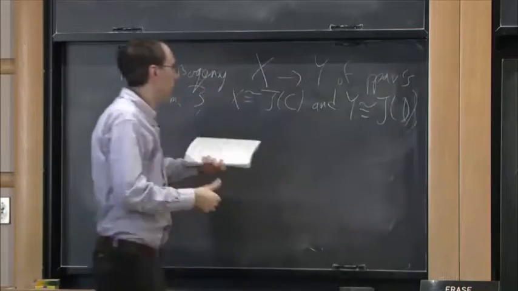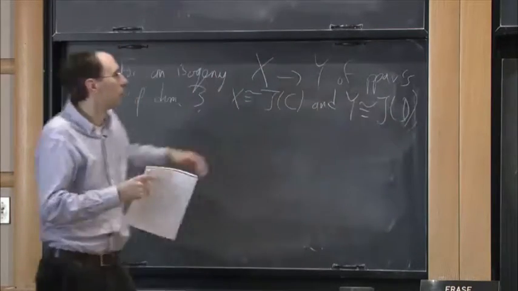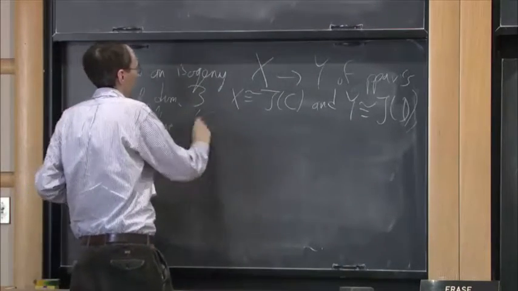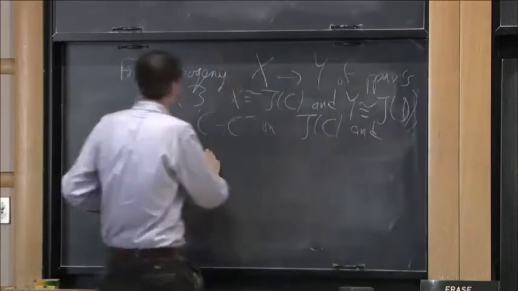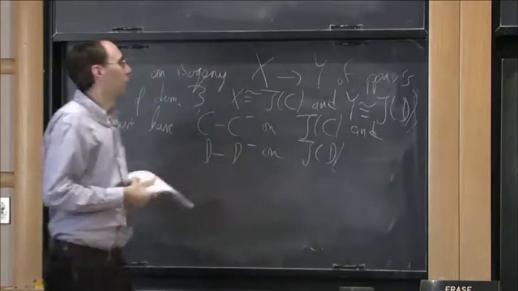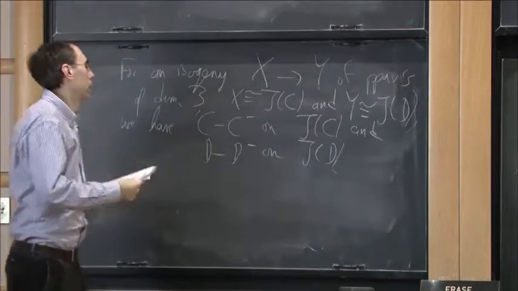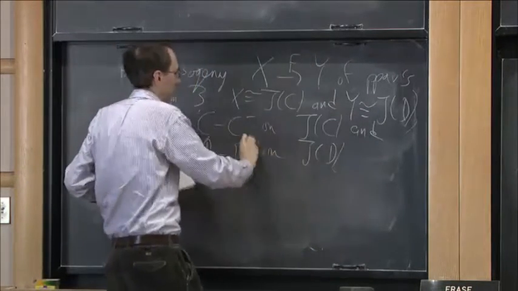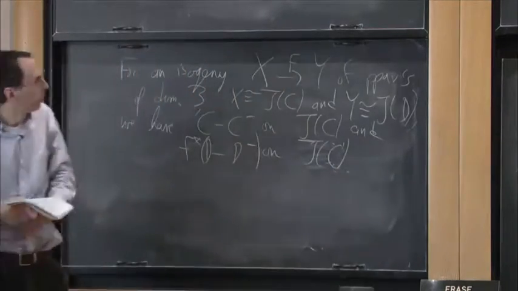And so you have two different Ceresa cycles. There's no very obvious relation between these two curves, but nonetheless we have the Ceresa cycle on the Jacobian of C, and the Ceresa cycle on the other Jacobian. And if you just want to work with one abelian variety, you can pull back the Ceresa cycle here to get a cycle here. So f^* of this is also a cycle in this one abelian variety.